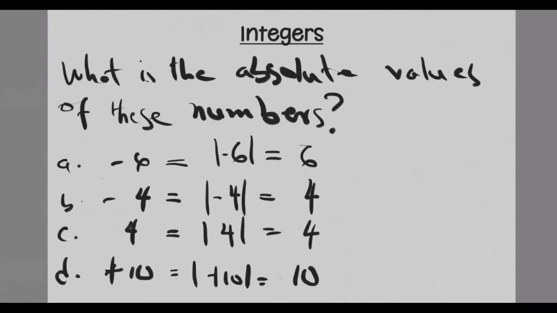Now, do not confuse this with the opposite number that we discussed earlier, because in opposite you can have both negative and positive. So the opposite of minus 4 is 4, but also the opposite of 4 is minus 4. So you can have both negative and positive. Let's do an example.